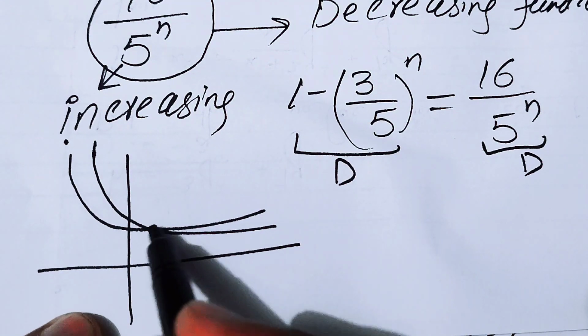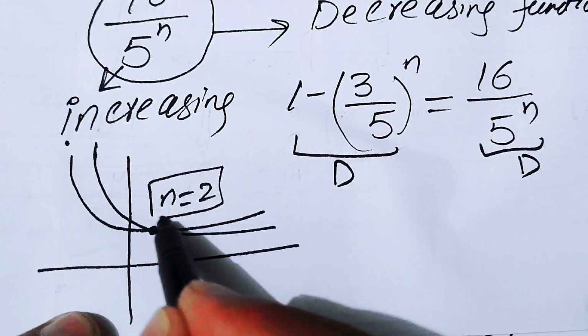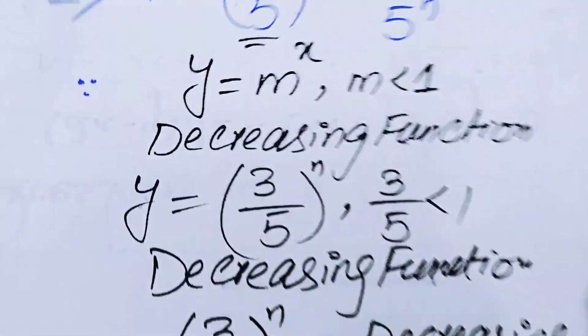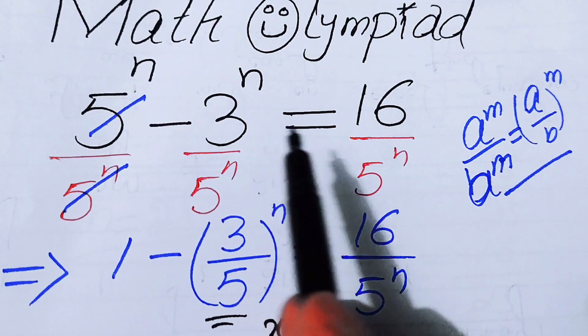So this shows that this point is n is equal to 2. So this n is equal to 2 is the only solution of this given question. So we can say that n is equal to 2 is the solution of this question.